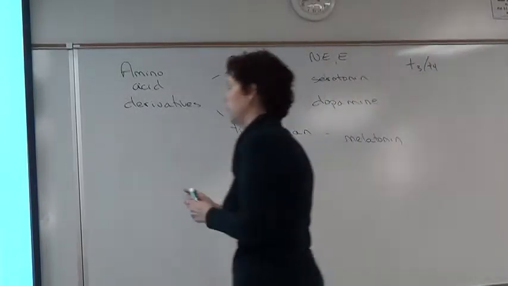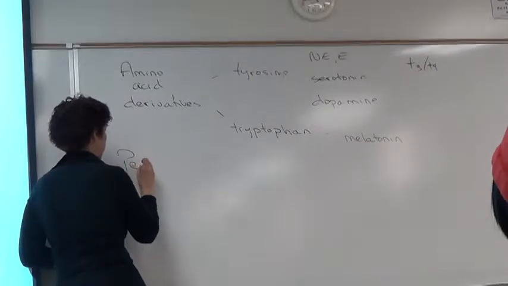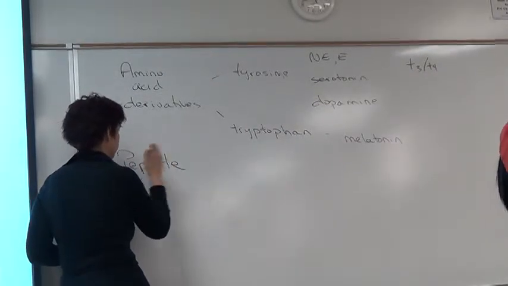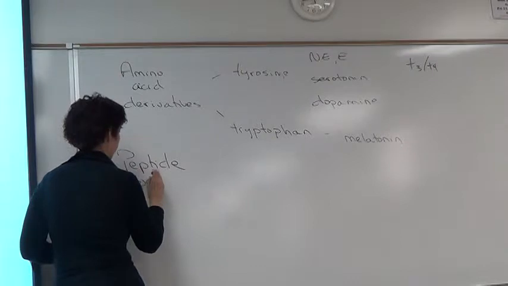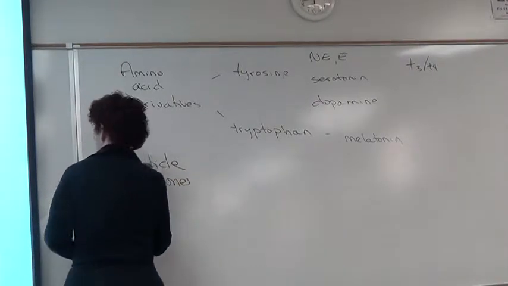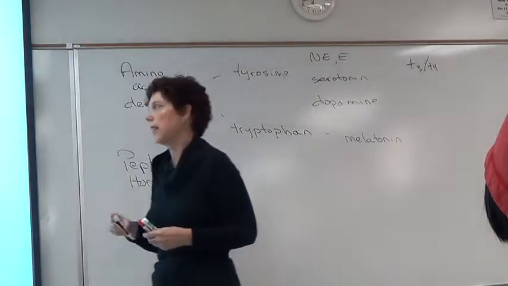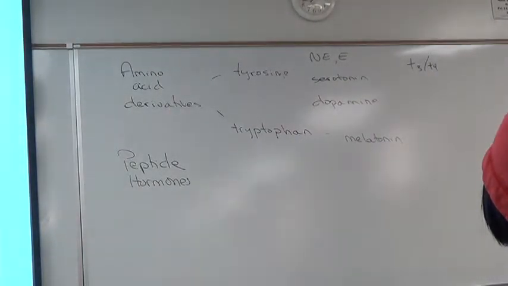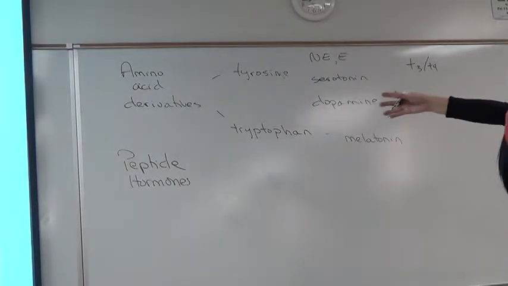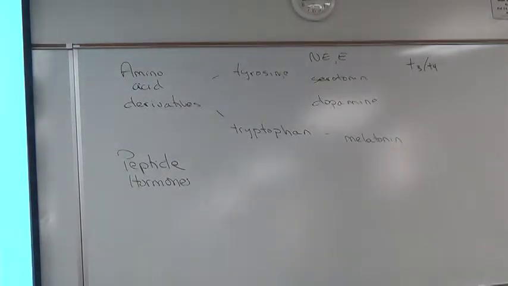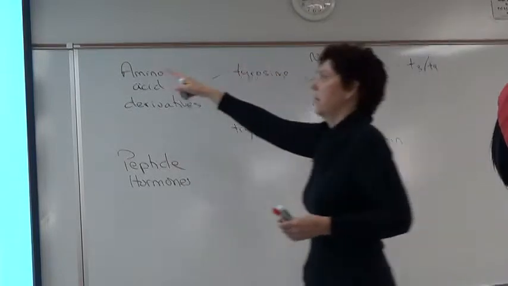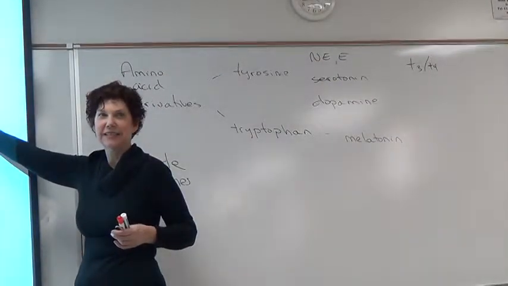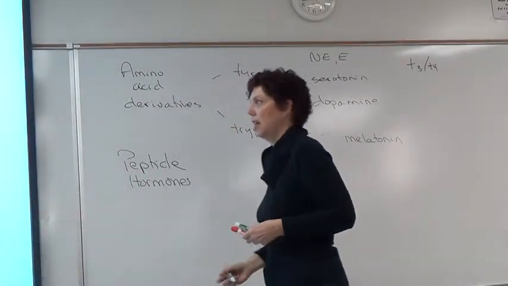The next group also requires plasma membrane receptors. So these are either glycoproteins or small polypeptides. And they're going to have 50, 150 amino acids strung along. So that's how you're going to be able to differentiate them as a group from just a single amino acid. They're going to have multiple amino acids.